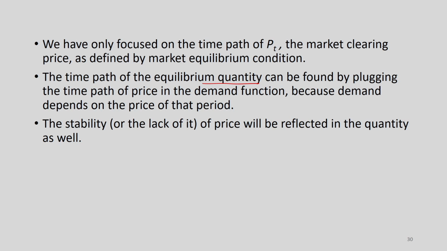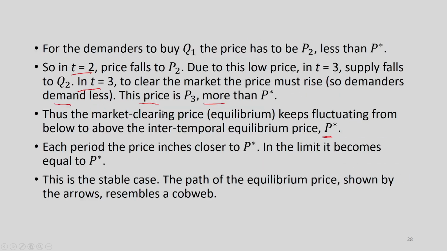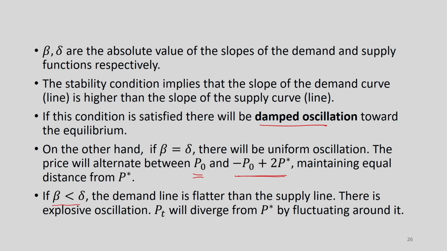One is the quantity, the other is the price. What about the time path of the equilibrium quantity? That can be found by plugging the time path of the price into the demand function, because demand depends on the price of that period, right. So, let us look at how we can do that.